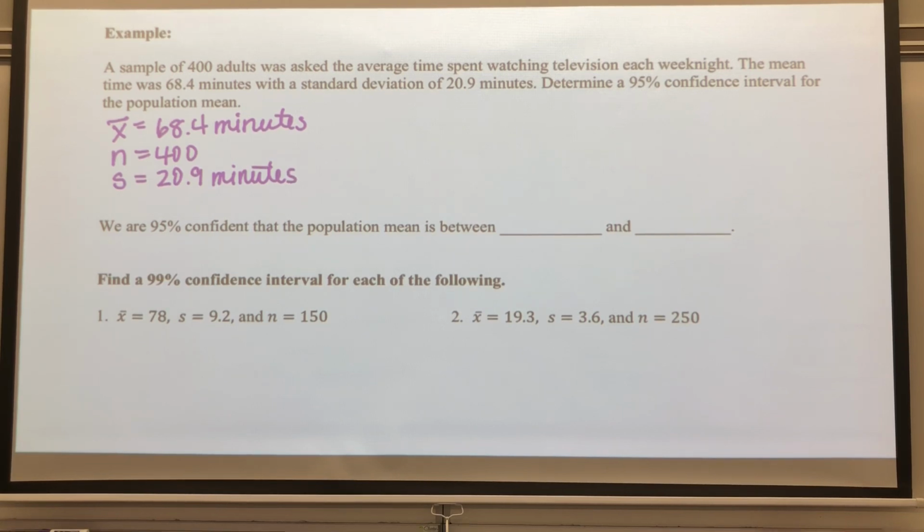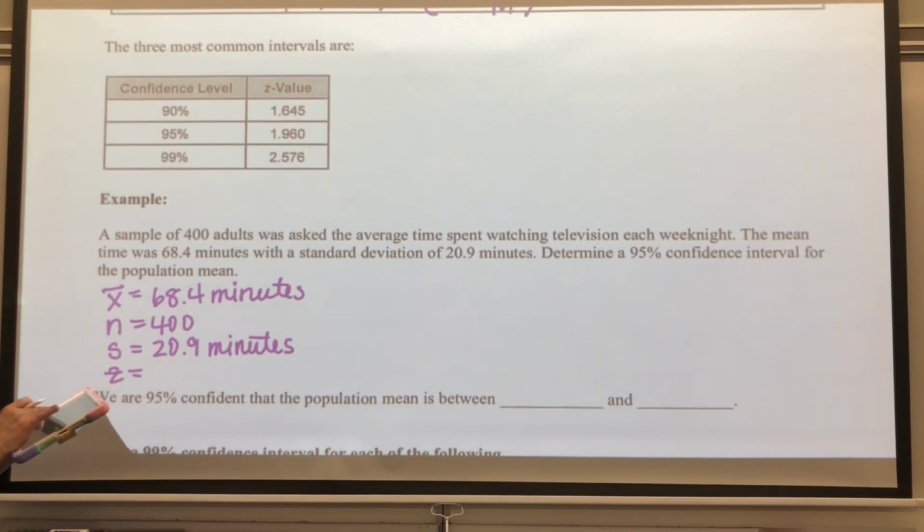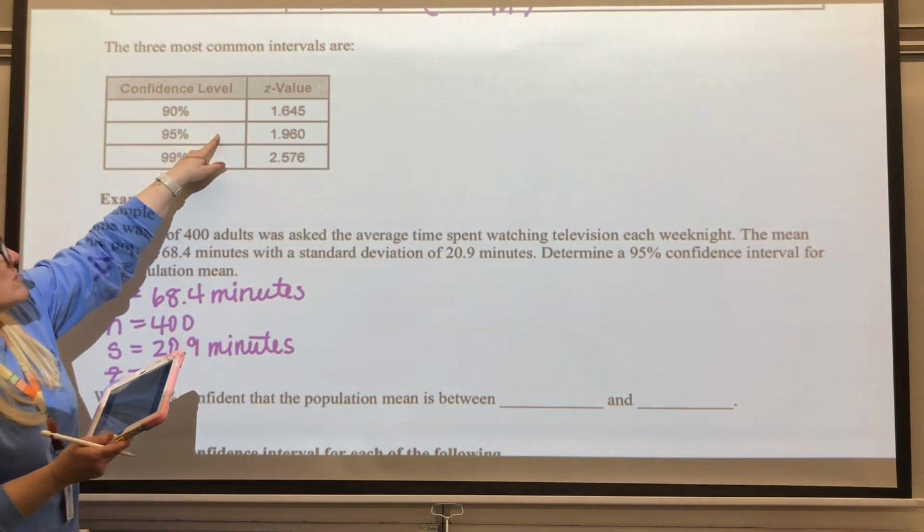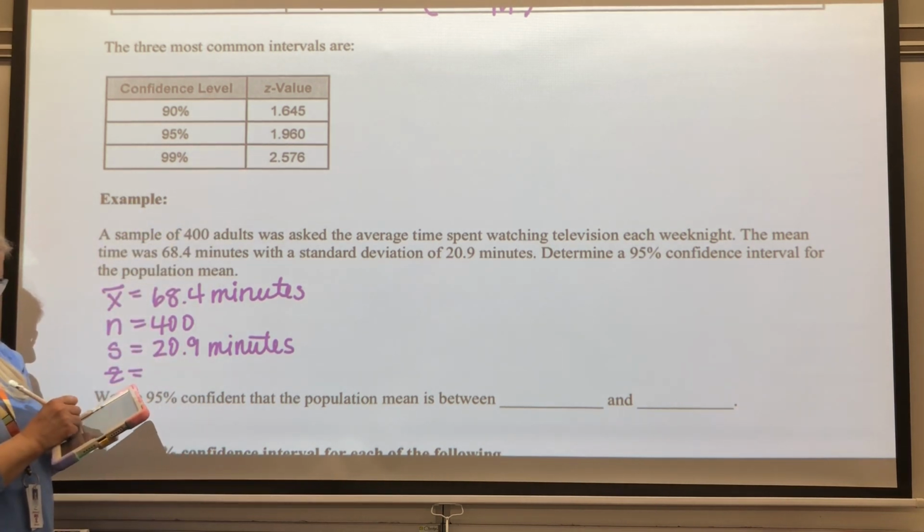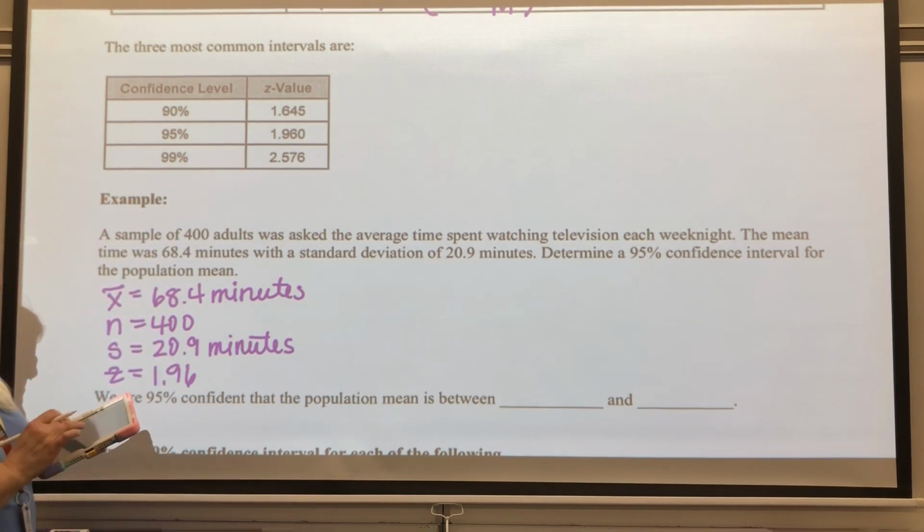And I want a 95% confidence interval. So Z, if I come back up here, for a 95% confidence interval, is 1.96.